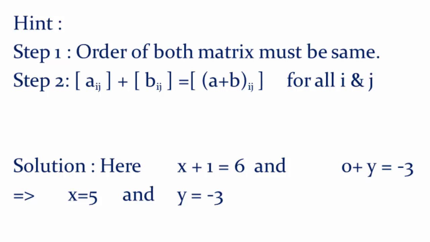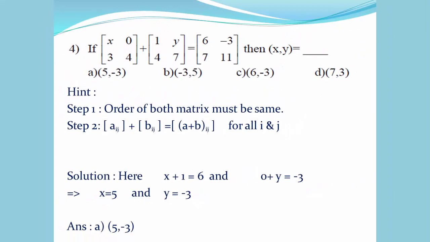Then using equality of matrices, equate the resultant matrix to 6, minus 3, 7, 11. Therefore, we get x plus 1 is equal to 6, y is equal to minus 3. So, the value of x is 5 and value of y is minus 3. Hence, the answer is option A, x comma y is equal to 5, minus 3.